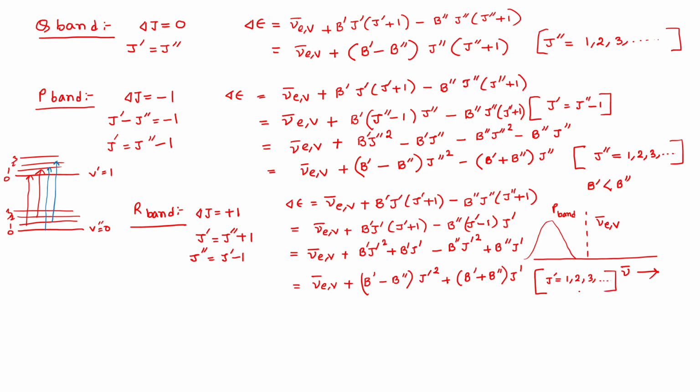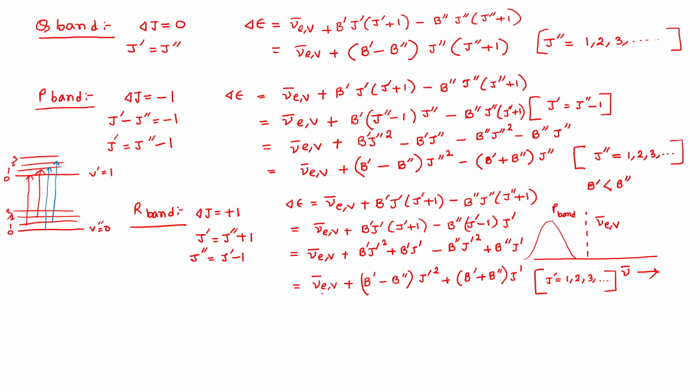So you will see that 1 to 3 it will go, right? So this is going to be a negative component, and this is a positive component.